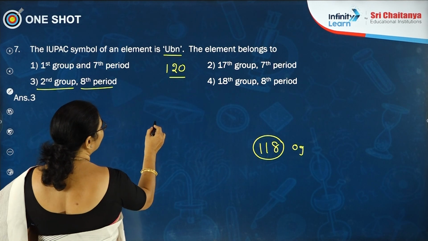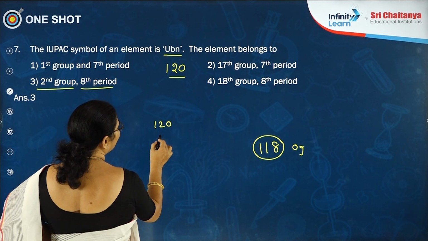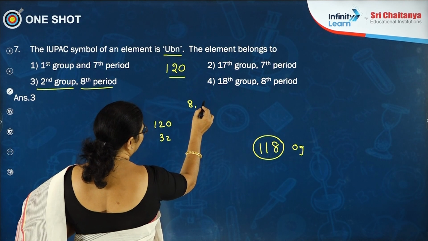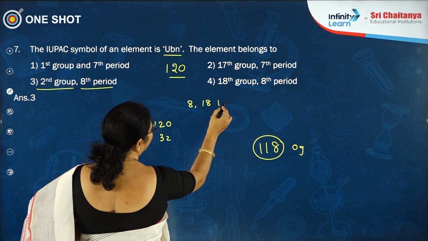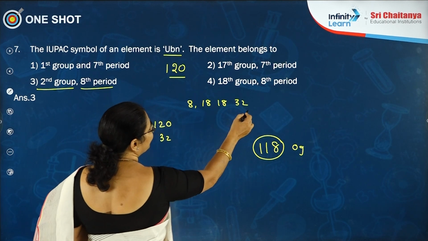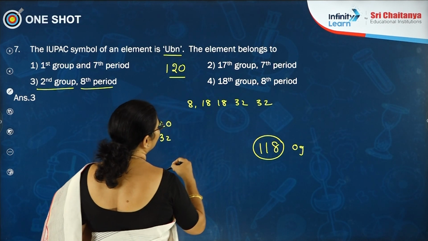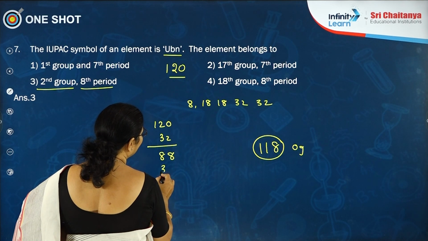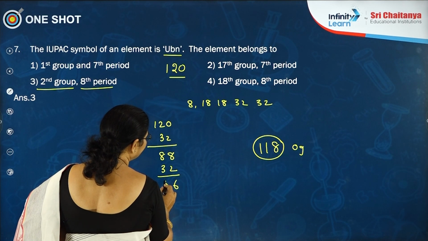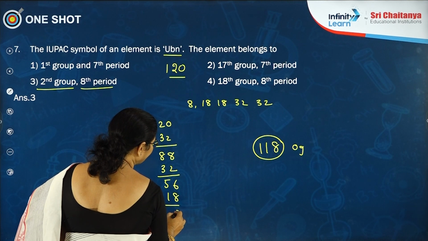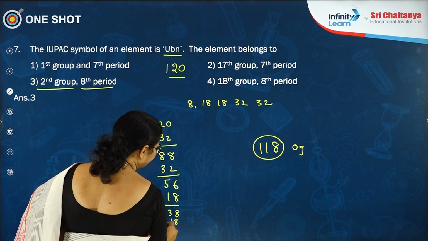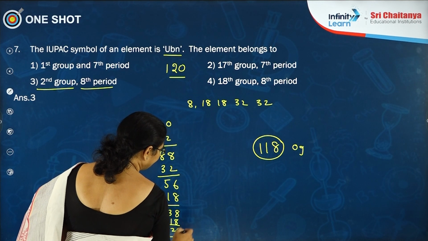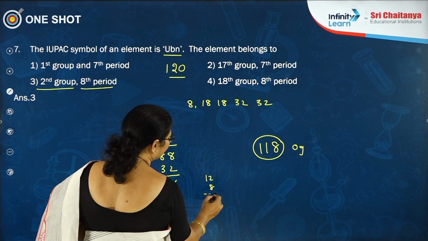The other method is also there. 120 is given. You have to remove 32, because elements differ in their atomic numbers by 8, 8, 18, 18, 32, 32. If more than 100, 2 times 32 comes. So, remove 32, remove 8, again remove 32, we get 56, remove 18, 38, remove 18, 20, remove 8, 12, again remove 8, 4.